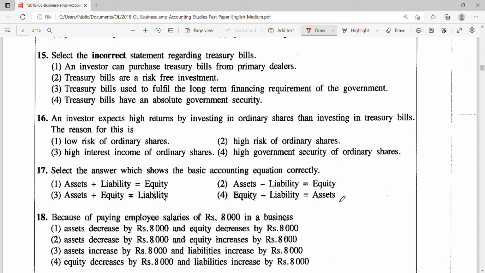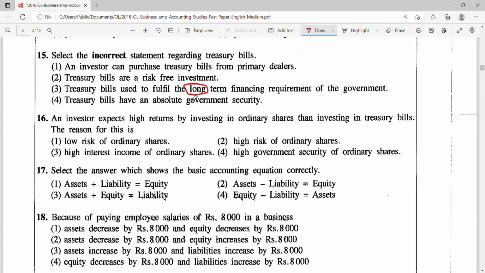Treasury bills used to fulfill the long-term financing requirement of the government. Now, that's wrong. Why? Treasury bills are a short-term financial instrument used to meet maximum of a 1-year requirement. So, treasury bills are issued by the government to meet short-term financing needs.